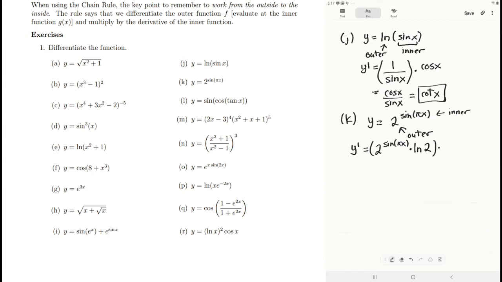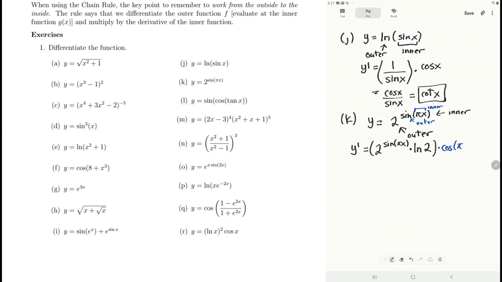Now the derivative of sine of pi x, we will need to apply another chain rule where the inner function is pi x, the outer function is going to be the sine. And so applying another chain rule, we have the derivative of sine, which is cosine.